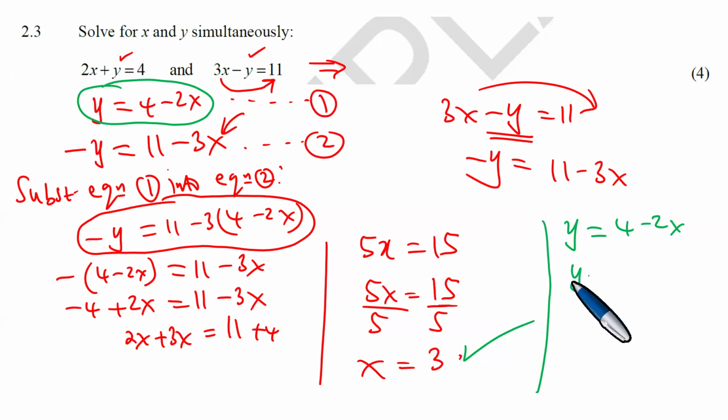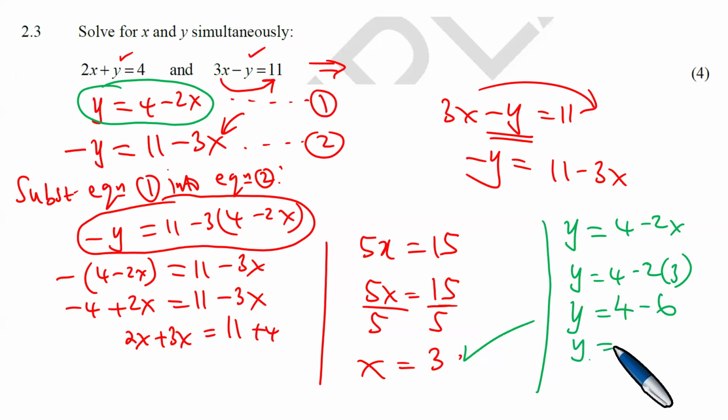So 4 minus 2 into 3. Well done. So we substitute the 3 in the place of x. Then what do you get here? 4 minus 6. Then what do we achieve? Negative 2.